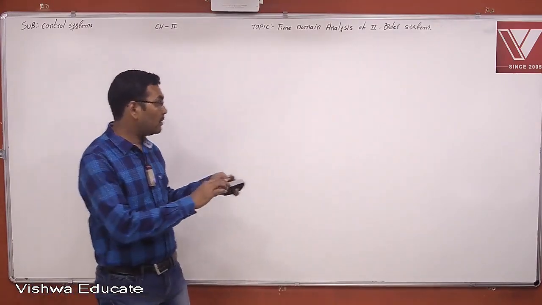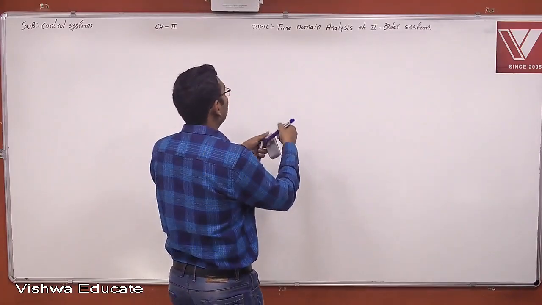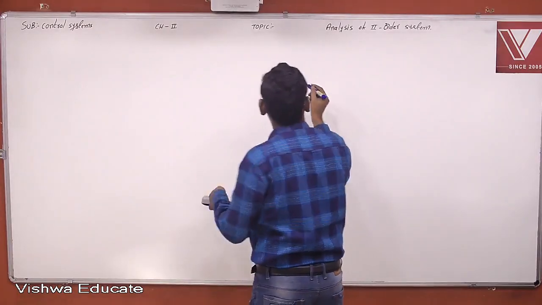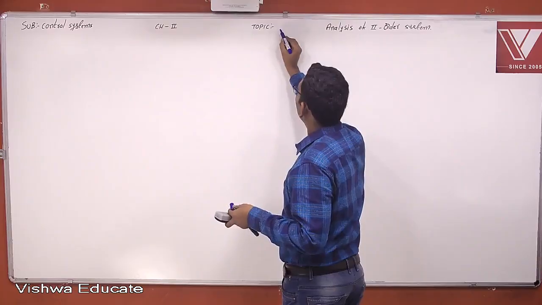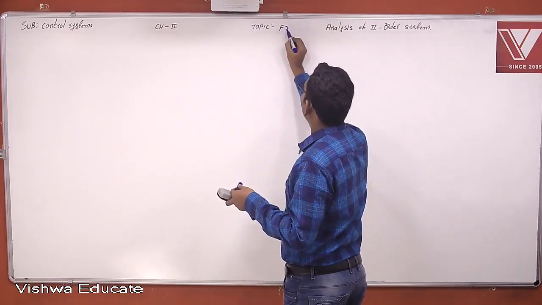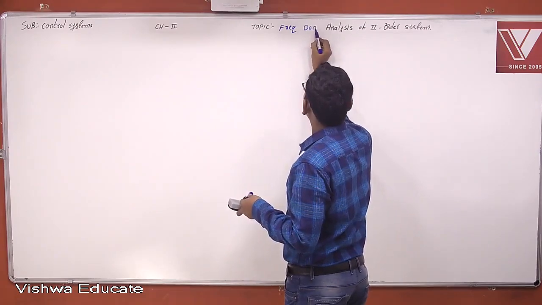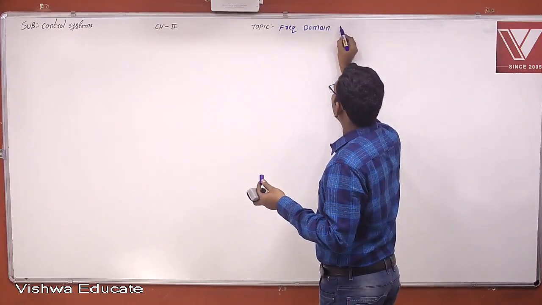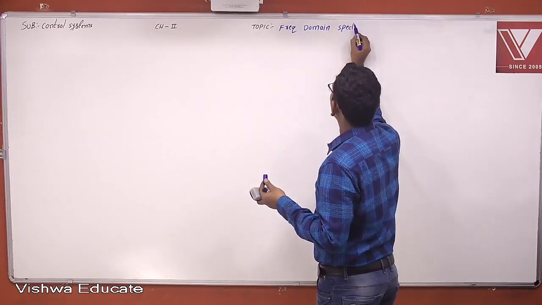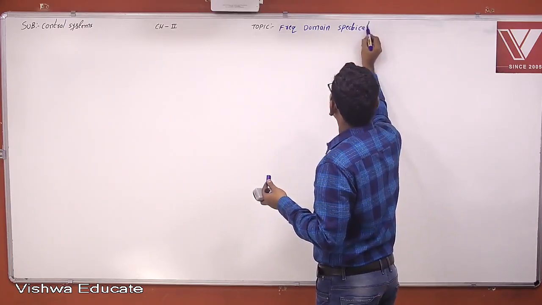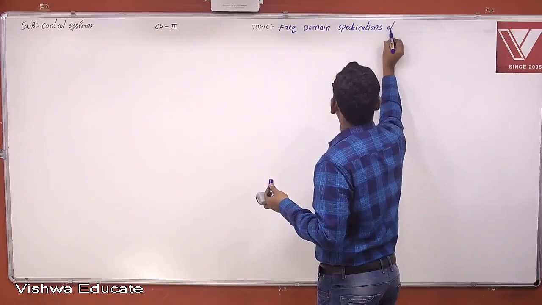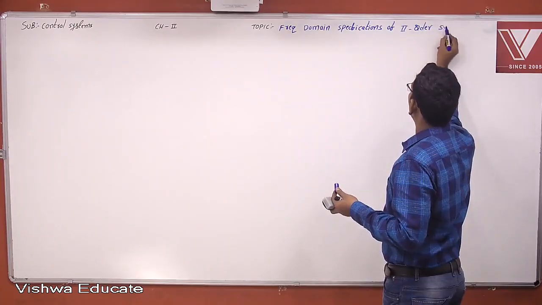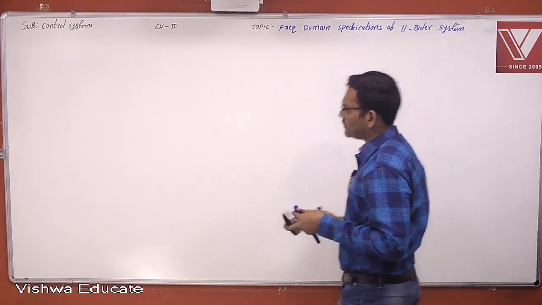In the same manner, now that we have finished time domain analysis, here I will find the frequency domain specifications of the same second order system, such that we will finish this totally. The frequency domain specifications of a second order system.